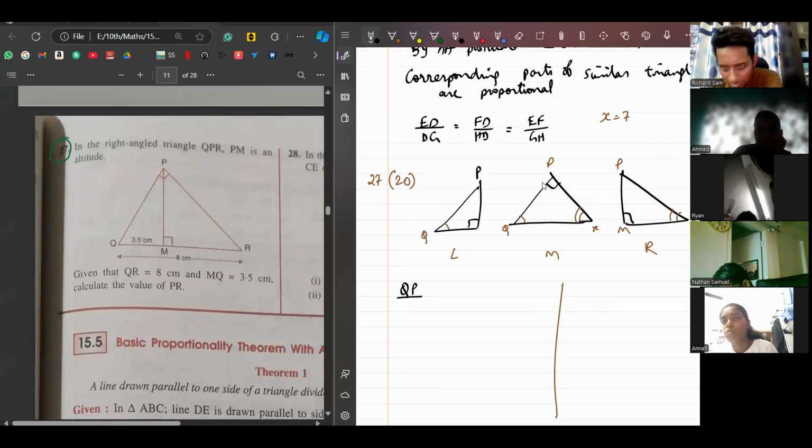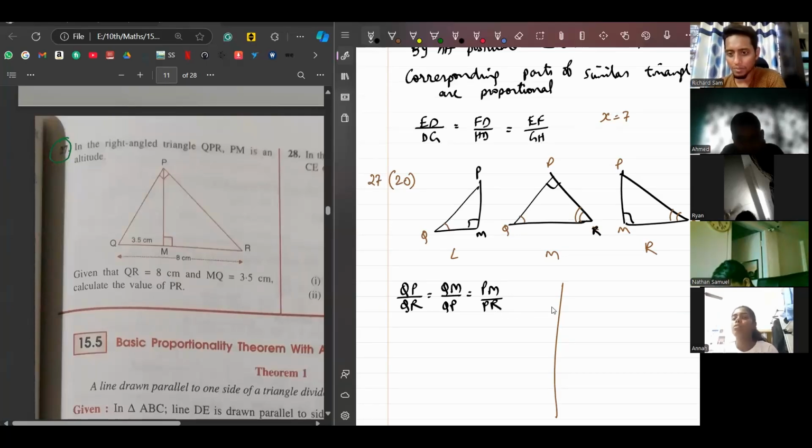Next, the side that we know between the angle and the 90 is QM. So QM corresponds to QP, because that is between the angle that we know and the 90. The third one is the unknown side, PM. PM corresponds to which unknown side over here? PR. That is the third and remaining one.